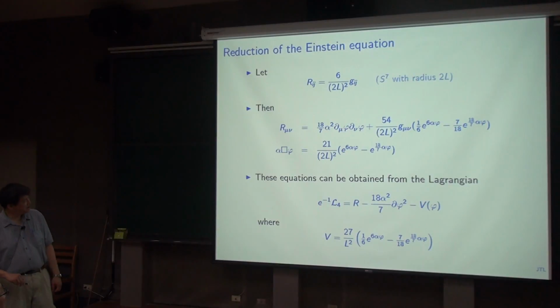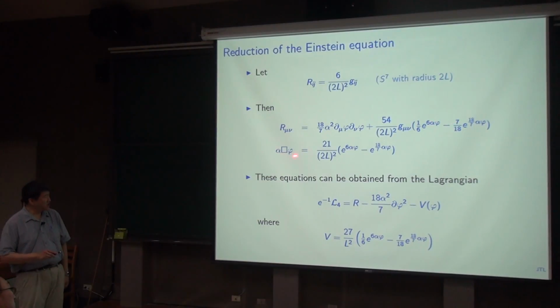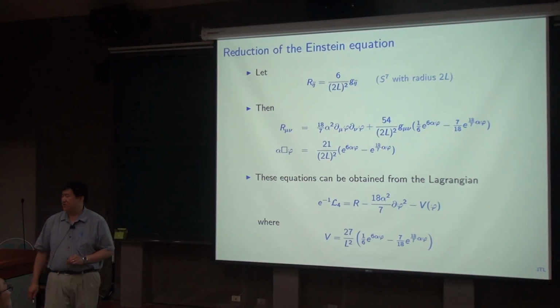So let me think a little bit about what we've done over here. If I work with this 4-dimensional Lagrangian, this Lagrangian gives me these equations of motion. If I solve these equations of motion, they came from an 11-dimensional equation of motion. By solving these two equations of motion, I'm guaranteed to solve the 11-dimensional Einstein equation.